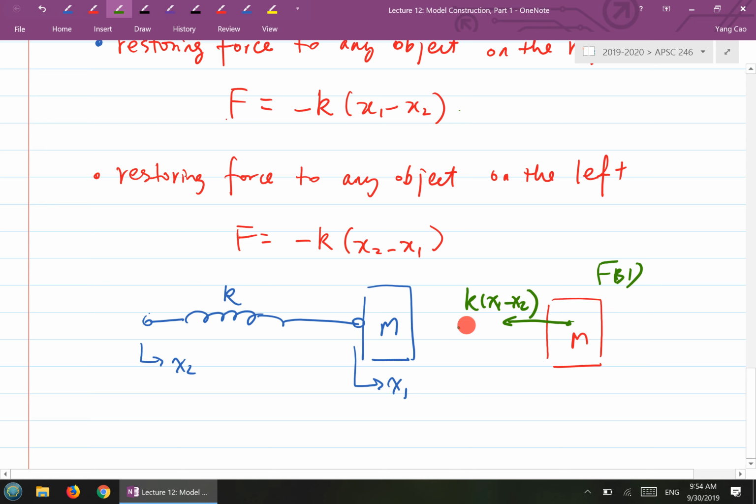When I draw a force pointing this way, you must be wondering whether that force must be pointing that way. But that's not the actual. When you plug in actual values x1, x2, the actual direction may be pointing the other way, but this governing equation will be able to include that specific case.